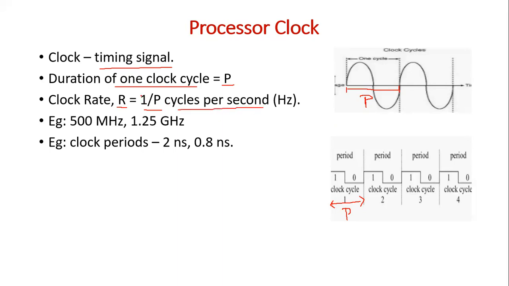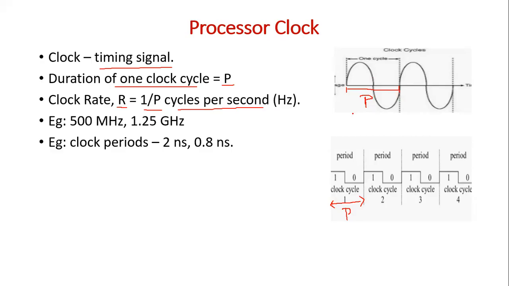Here this one represents 1 second. P represents the duration of one clock cycle, so this will surely be less than a second. So 1 by P represents the number of clock cycles in a given second.